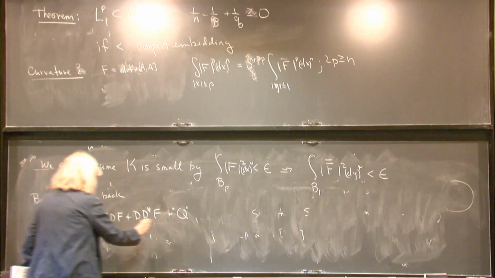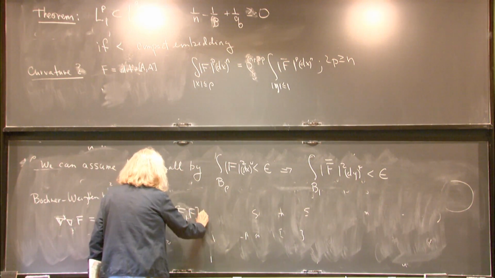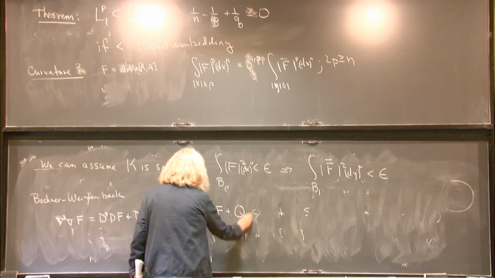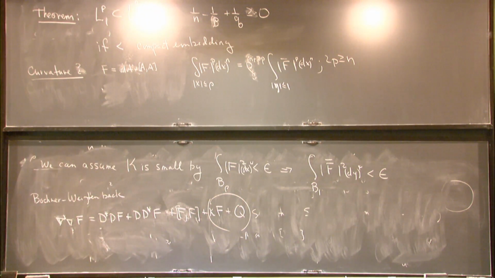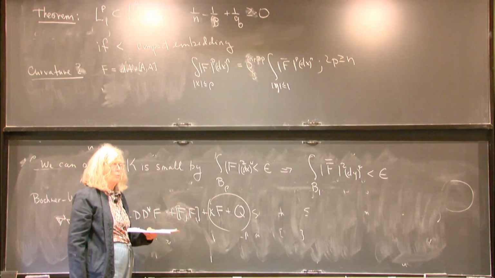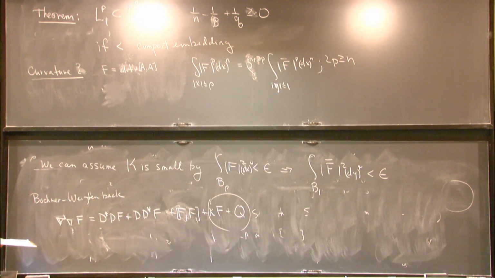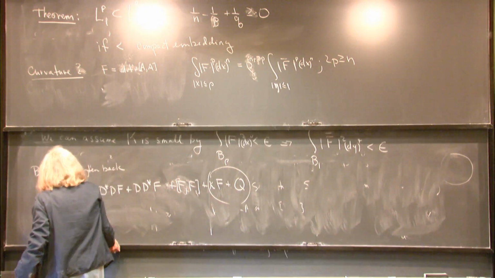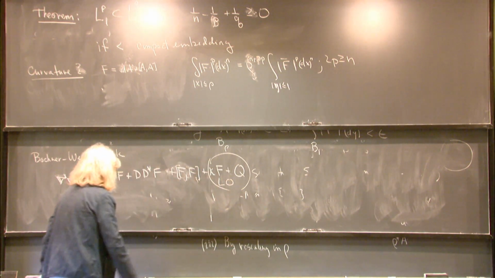Plus f bracket f, and then there's a scalar curvature term, and this stuff in here is more regular. This thing here only sits in L1, whereas this sits in L2. And L1 is not a very good space to work with. So we use the Bochner-Weitzenböck formula, and I'll just incorporate this into what I'll call lower order.